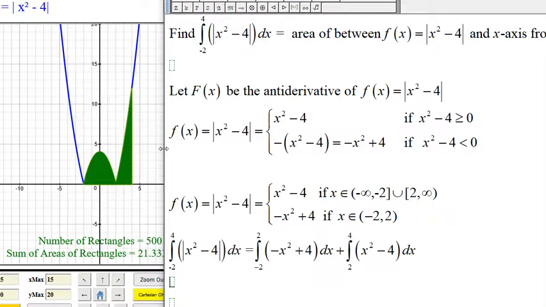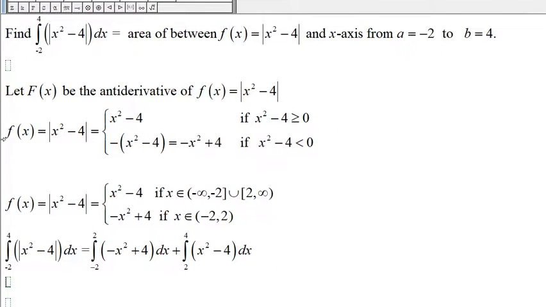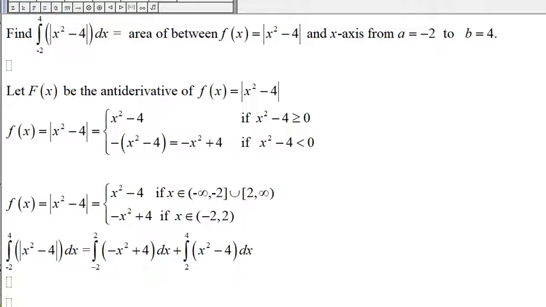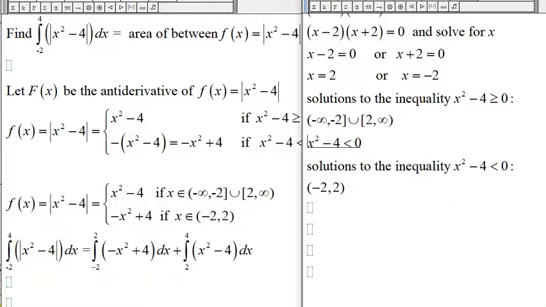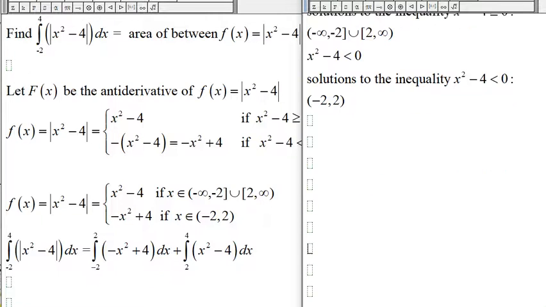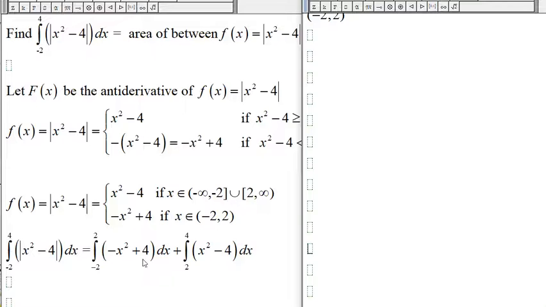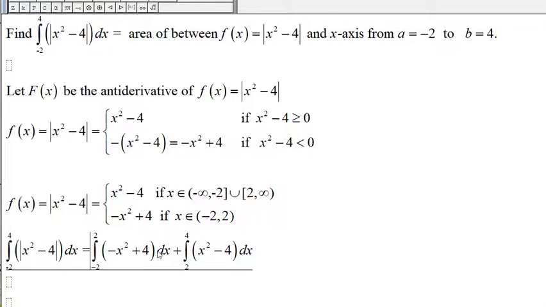And then now we need to find the two definite integrals. And so let's do the first one.